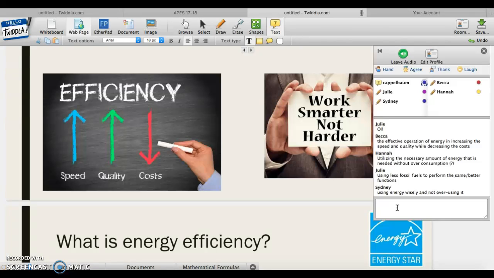All right, very good. Effective operation of energy, increasing speed, utilizing more energy with essentially less output. Awesome.